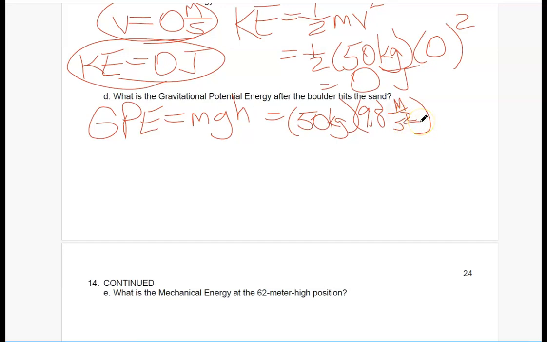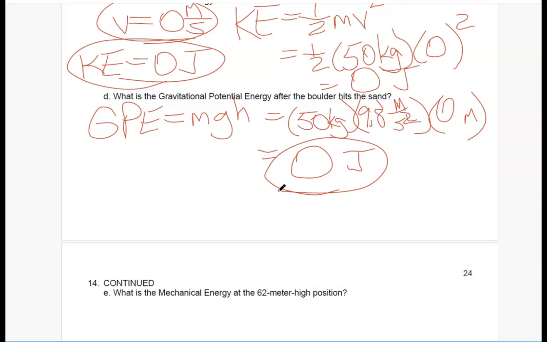But if it's hit the ground at ground level, there is 0 height. There is 0 meters of height. And again, this whole thing becomes 0 joules. So both the kinetic energy and the gravitational energy are 0 if it stops at the very bottom.